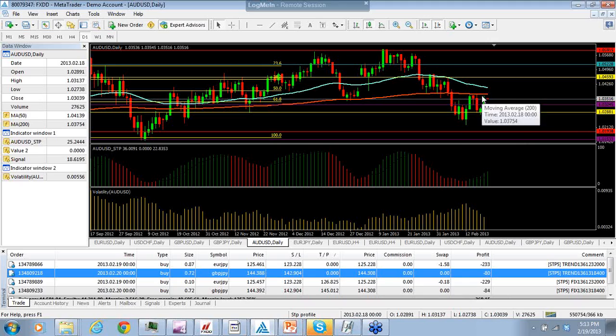And you can see here that we're back at this area of resistance at the 200 EMA. And so we could be looking for a push down off of it based upon the market interaction that we've seen so far between the Aussie dollar and areas of support and resistance. We could see it really pull off of that 200 EMA, just bounce right off of it and head back down to the 1.02 to 1.0300 area, basically.